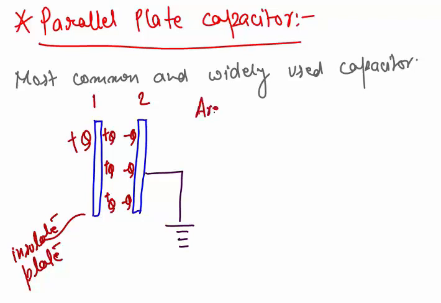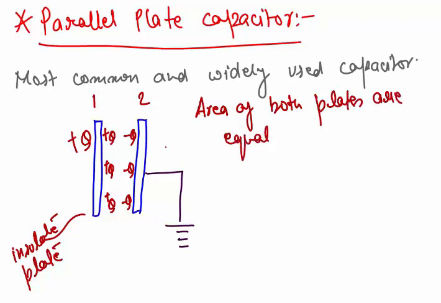The area of both the plates is equal. Since the left end of the second plate is negatively charged, the other end gets positively charged.